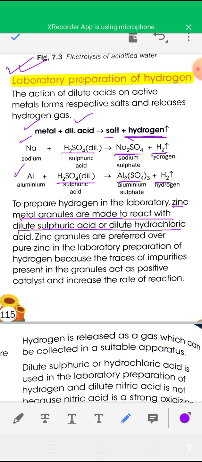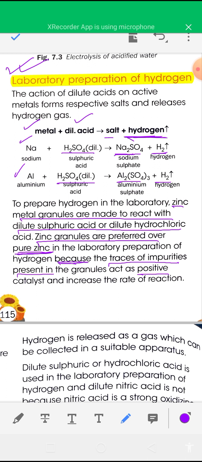In the laboratory preparation of hydrogen using zinc metal and dilute sulfuric acid, zinc granules are preferred over pure zinc. Zinc granules are preferred because they contain traces of impurities, some copper and cadmium metals, which act as a positive catalyst.